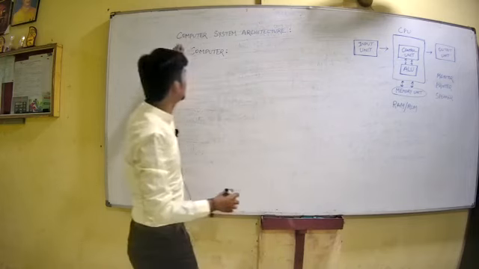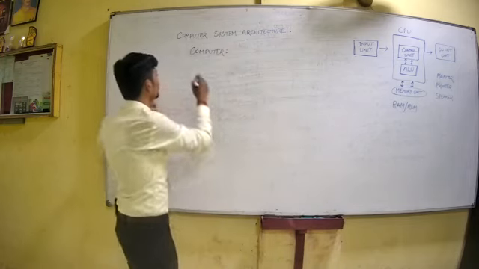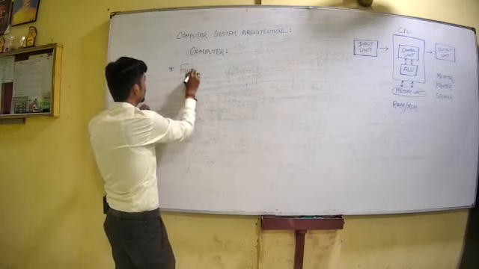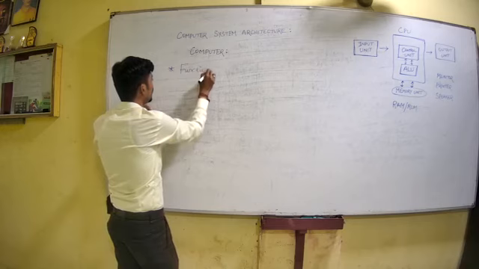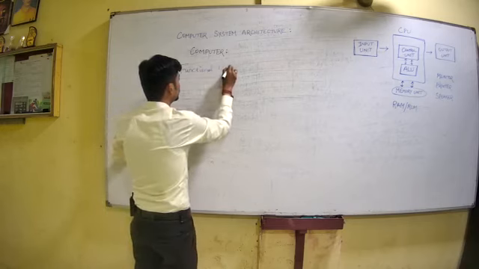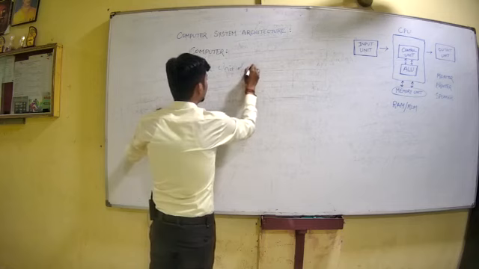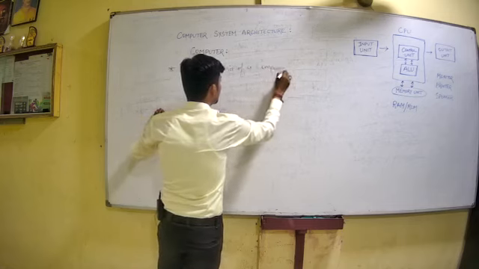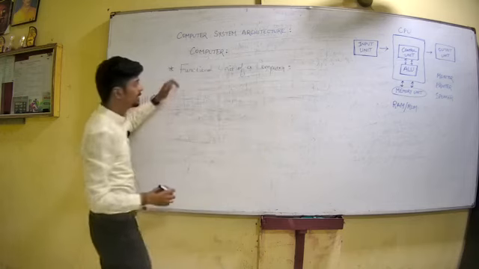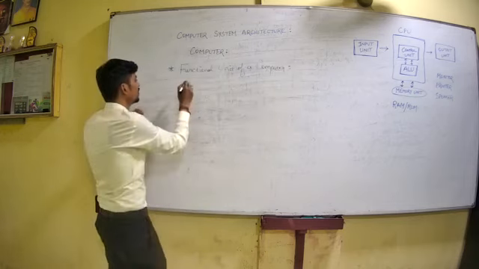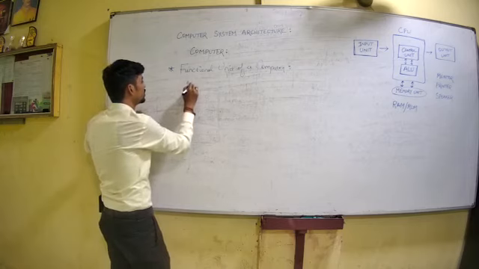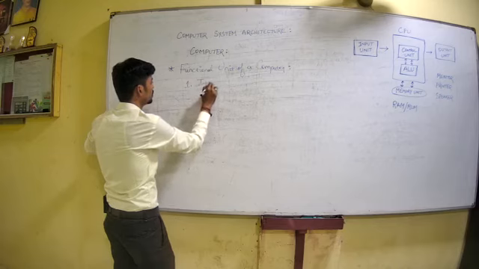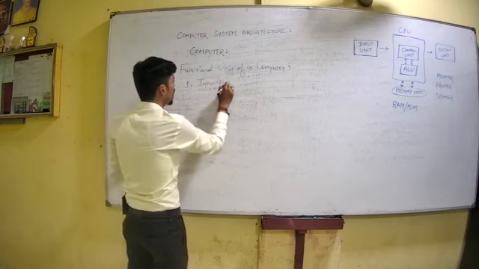Now in computer system architecture, we have a subject called the functional unit of a computer. In the functional unit, we have 5 types of functional units. The first one is the input or output unit.